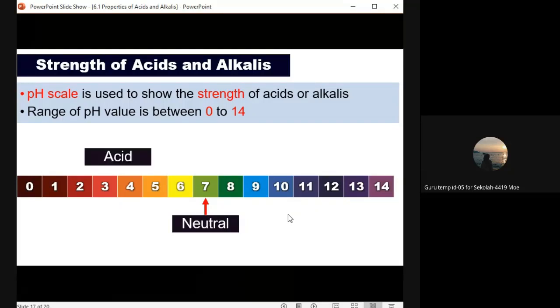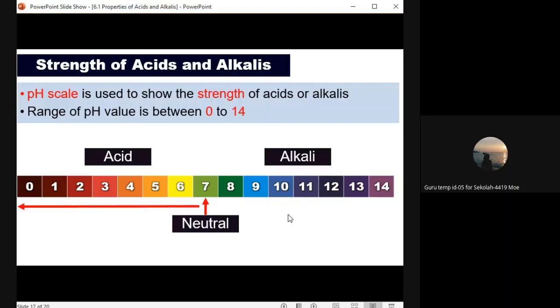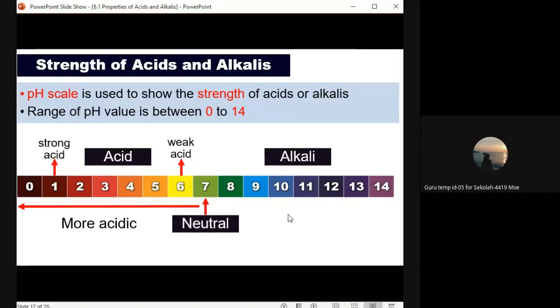Okay, so from this, how do we know if it is strong or weak? Okay, so for acid, if you move away from 7, it will become more acidic. Okay, let's say if something is pH 6, okay, that means it is weak acid because it is closer to 7, neutral, okay. But if you compare to pH 1, okay, it will be a very strong acid because it is further away from 7, right?